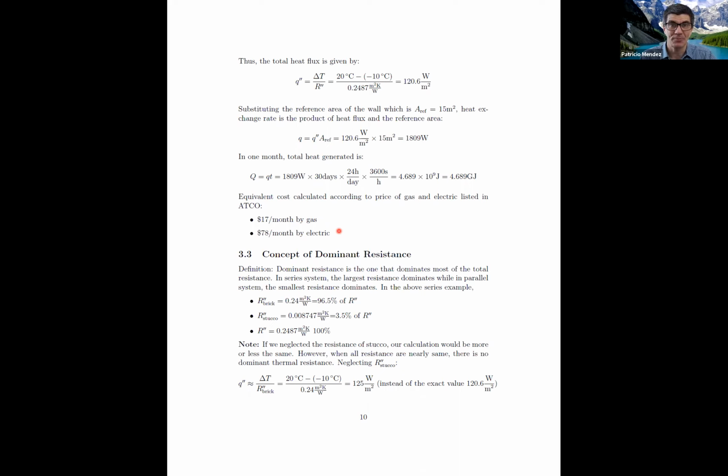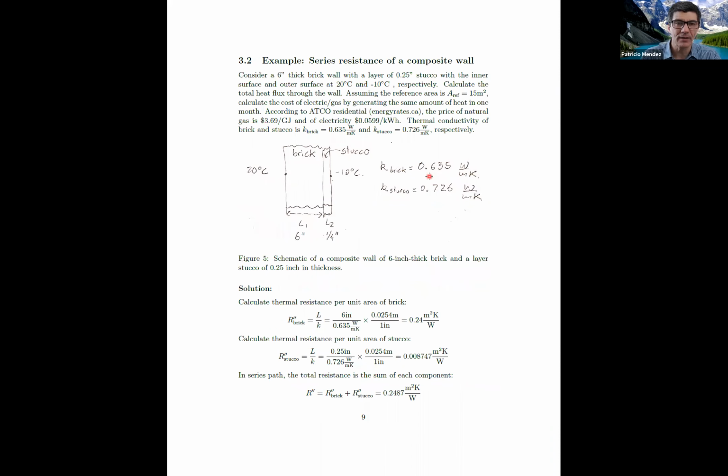If we use gas, it would be a lot cheaper. In any case, we just did a calculation that tells us in money how much it costs to keep a house warm. And using these conductivities of stucco and brick, by the way, they're in the list of material properties in the recommended textbook.